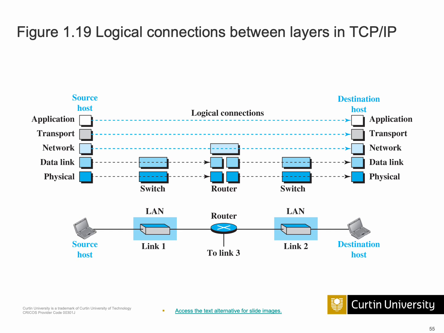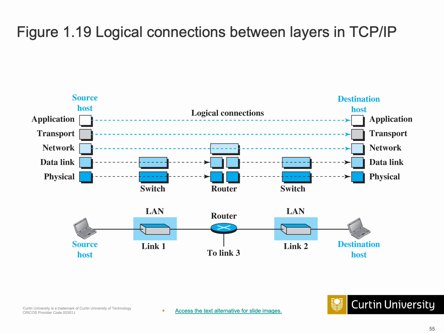So a hop can be from source to the switch, or from the switch to the router. End-to-end means from source A to destination B. Another way of thinking about logical connections is to think about the data unit created by each layer.